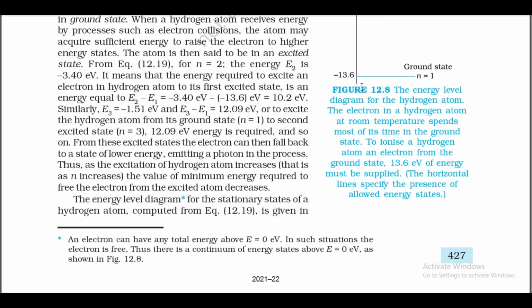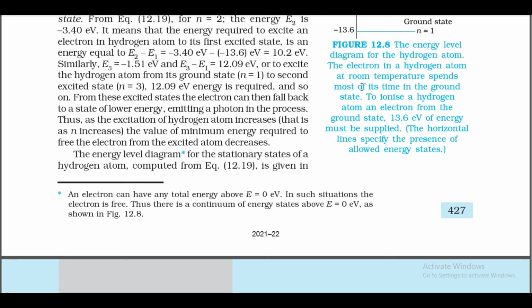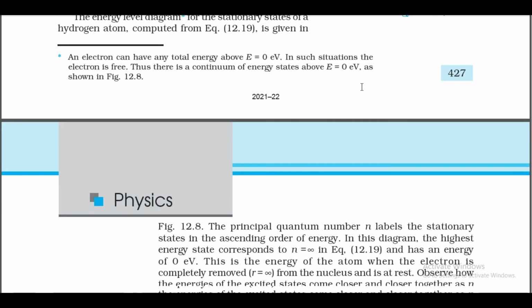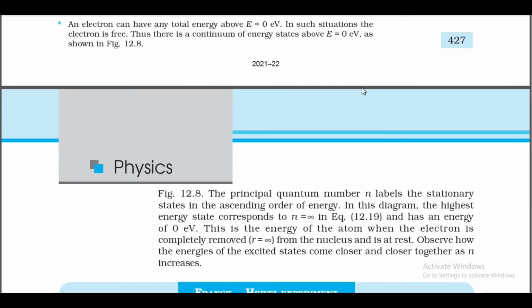The energy level diagram for the stationary states of a hydrogen atom, computed from equation 12.19, is given in Figure 12.8. The principal quantum number n labels the stationary states in the ascending order of energy.